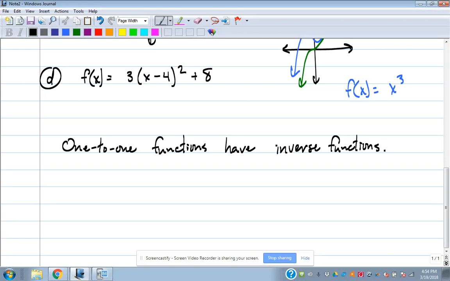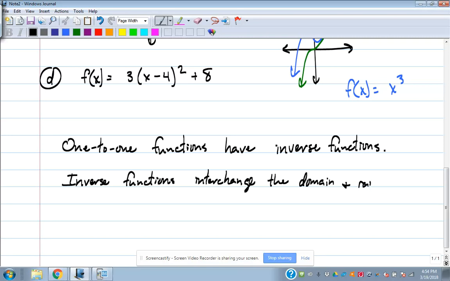All right. One-to-one functions have inverse functions. Inverse functions interchange the domain and range.